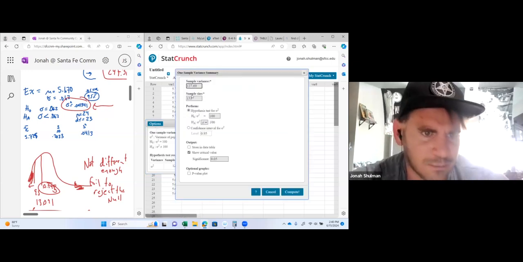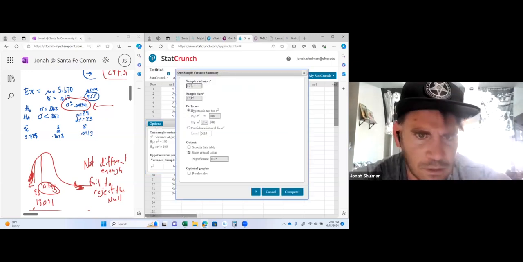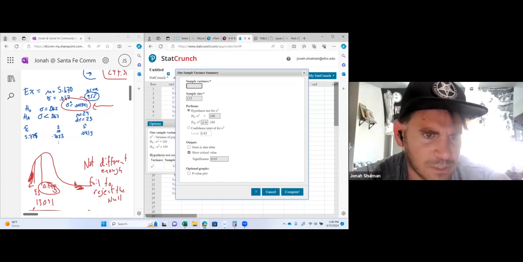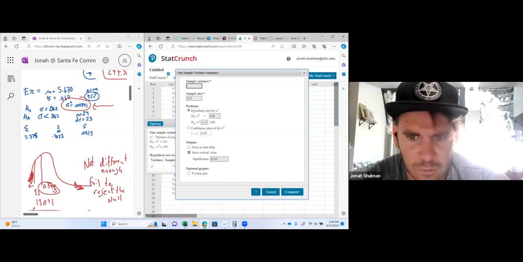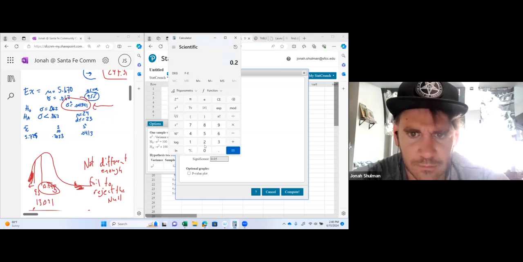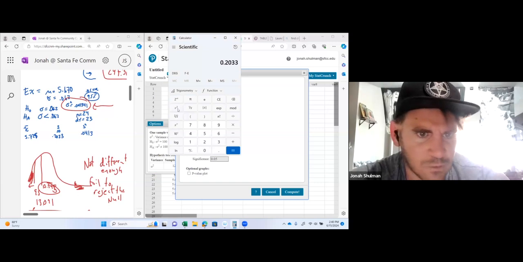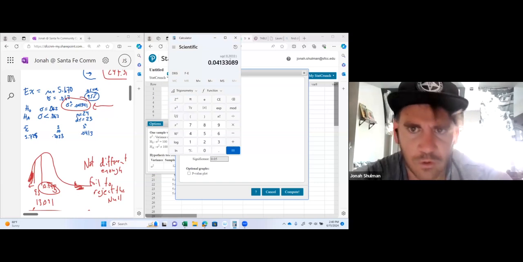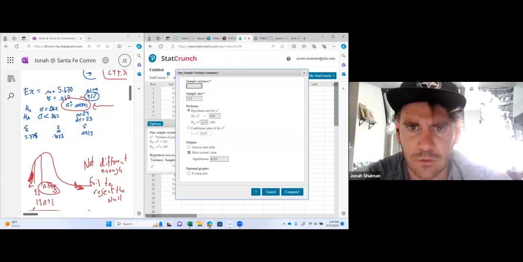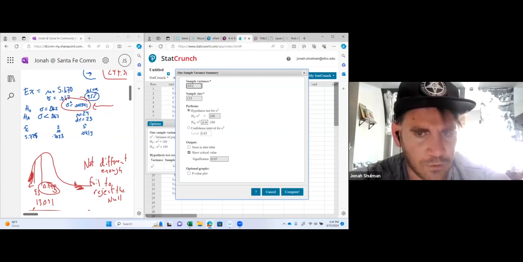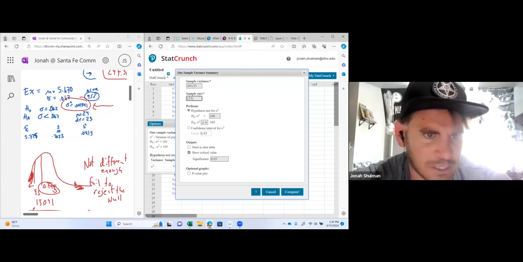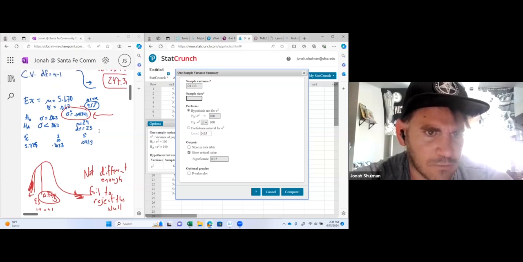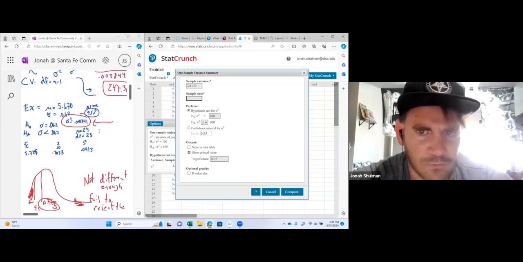Okay, so our sample standard deviation was 0.2033. If I square that, 0.04133. Our sample size for this one, how many people did we have? 24.